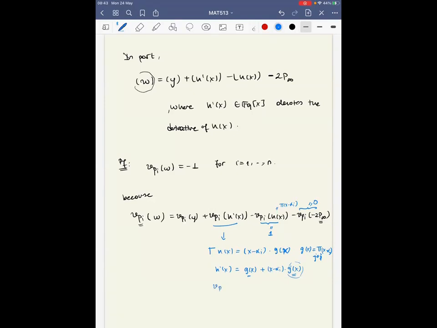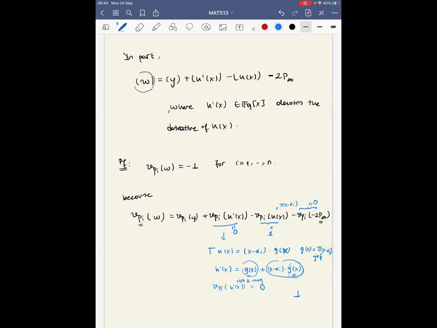If we check its valuation by the strict triangle inequality, it is going to be the minimum of the valuation of g, which is 0, and the valuation of this product, which is 1, so this is 0. So we can conclude that this valuation is 0.